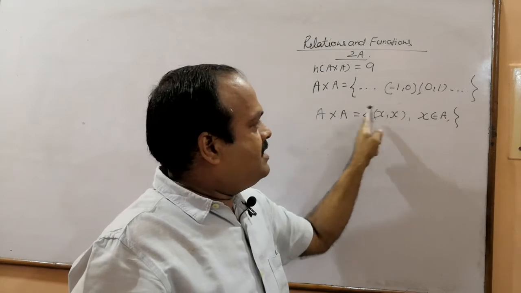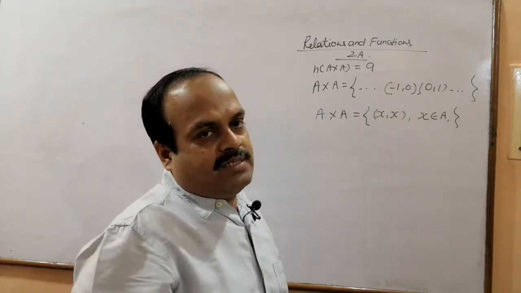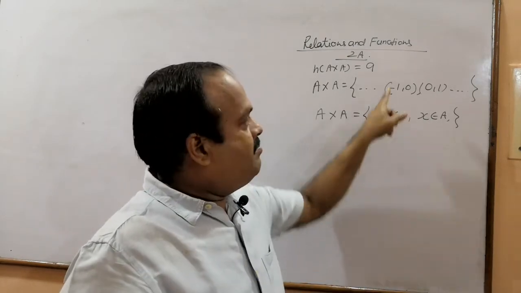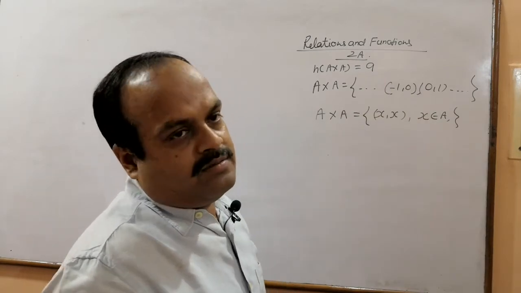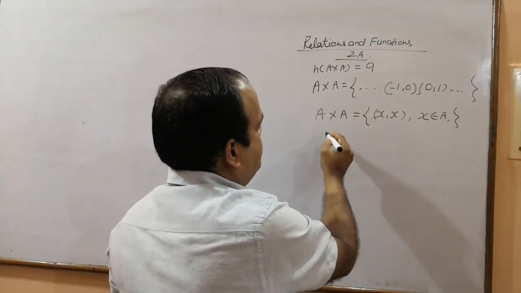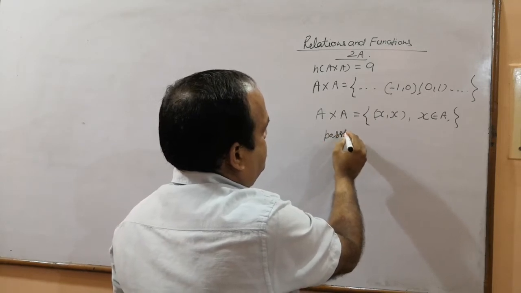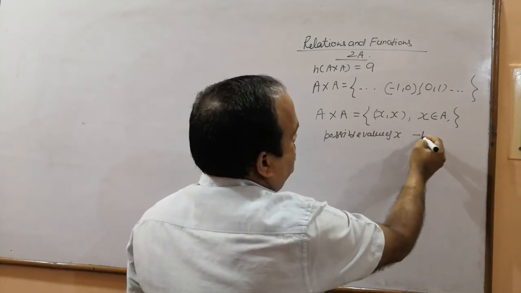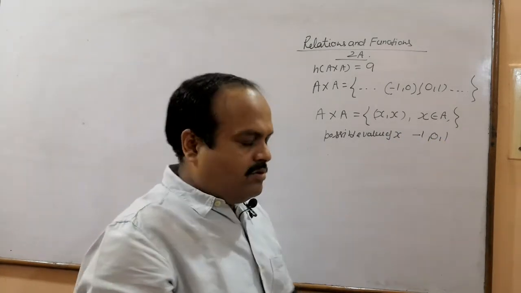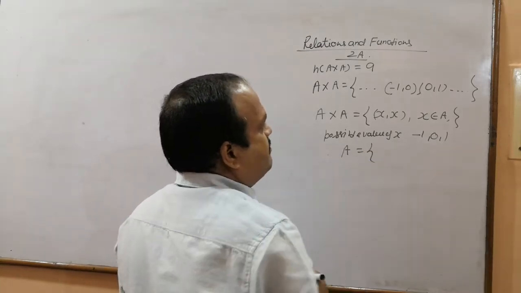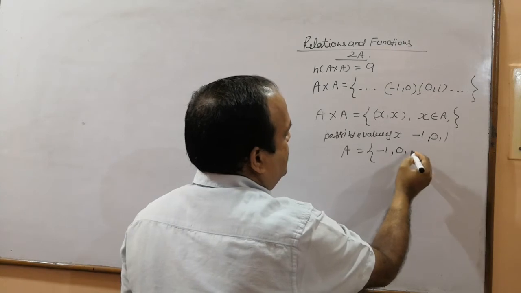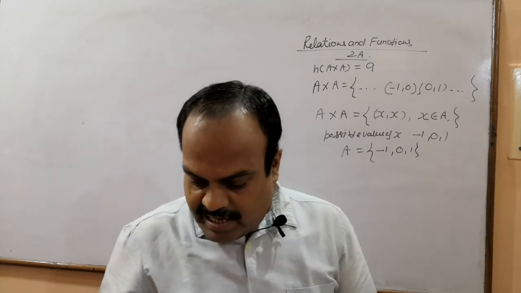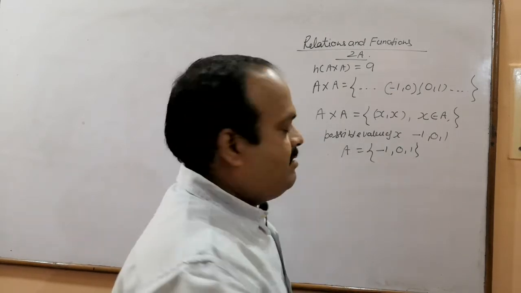So examining these, we come to know that the possible values of x, which is an element of set A, will be -1, 0 and 1. Therefore, the set A will have elements -1, 0, 1.